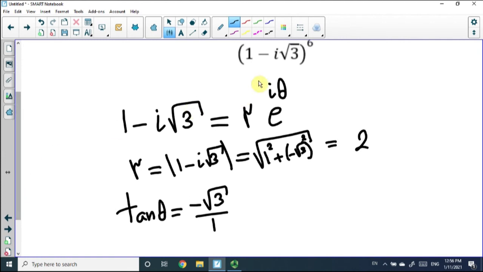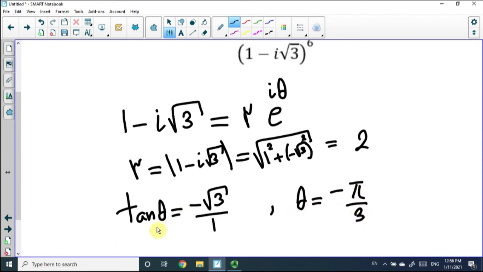Now, you notice that the real part is positive while the imaginary part is negative. So that means this complex number lies in the fourth quadrant of the complex plane. And that means theta is going to be in the fourth quadrant, and that will be negative pi over 3.